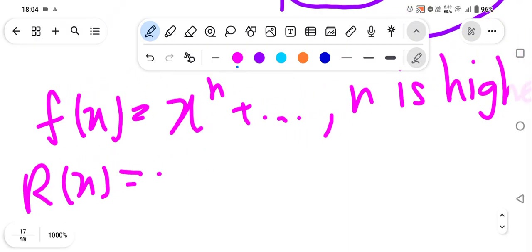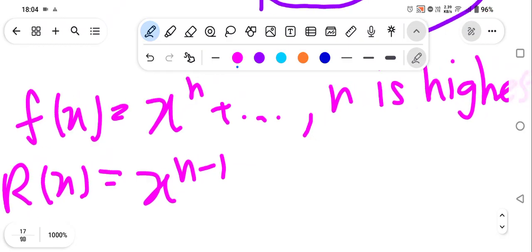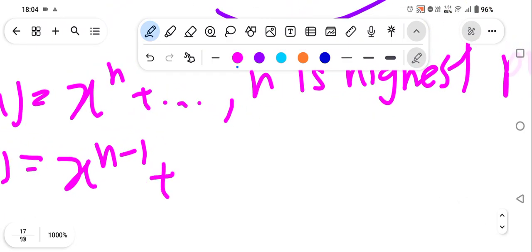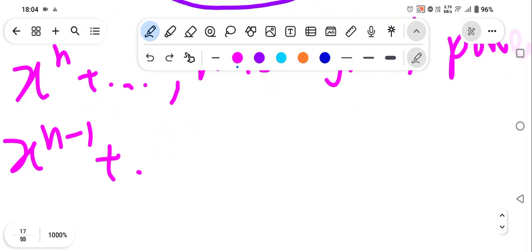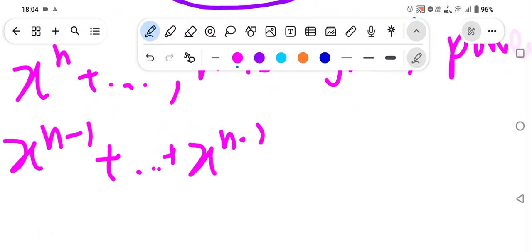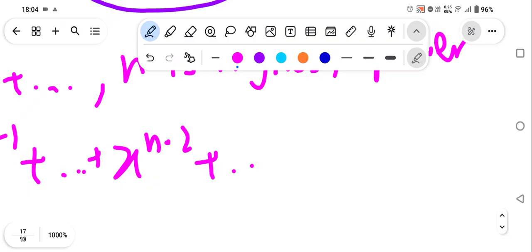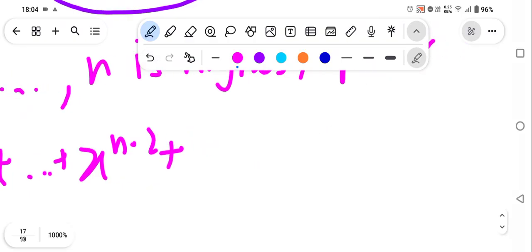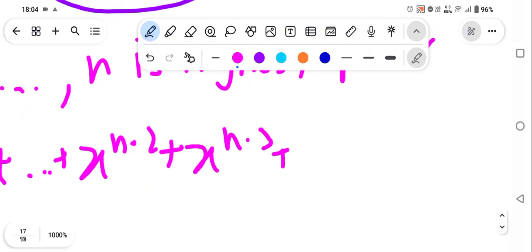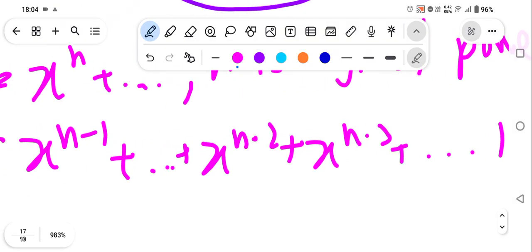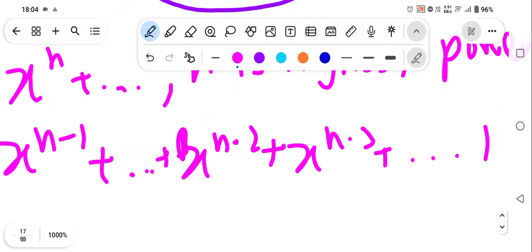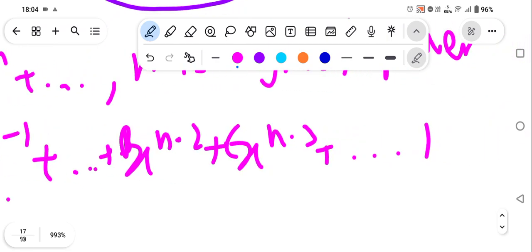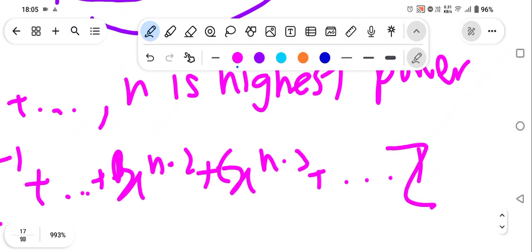The remainder will be x to the power n minus 1, and it's going to continue with x to the power n minus 2 plus x to the power n minus 3 plus dot dot dot all the way to 1. And don't forget, there's a constant at each term, all the way to the last. I don't even know what letter this is, so I'm going to call it Z.